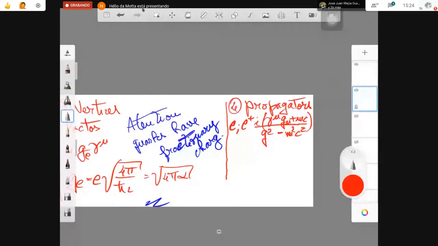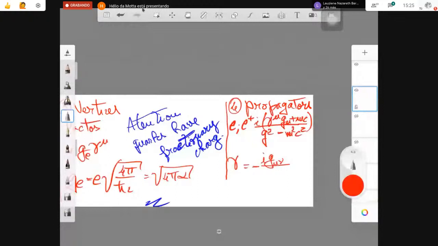That's the propagator itself. But if the propagator connected to the vertex happens to be a photon, this is just going to be minus i g_mu nu. We're going to see what g_mu nu is tomorrow, over q squared.